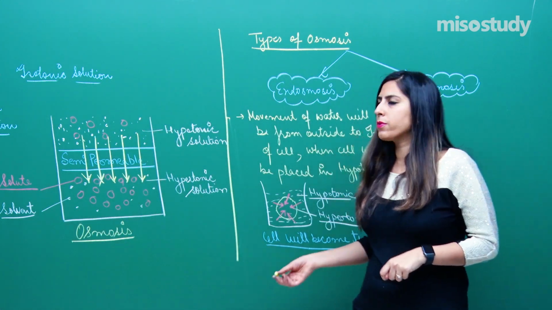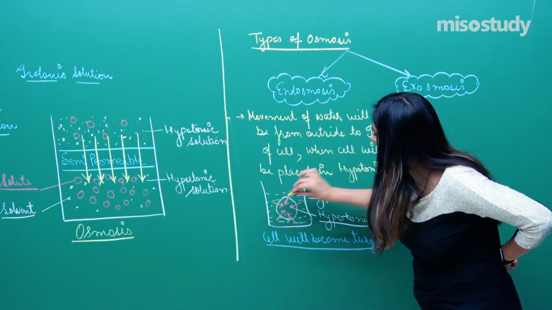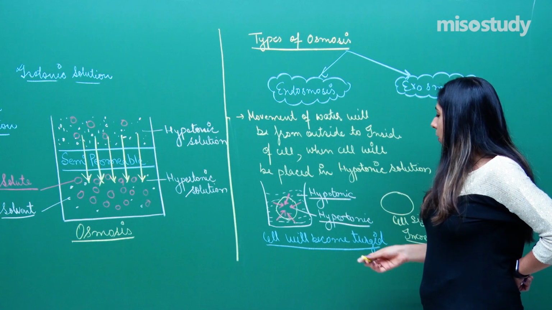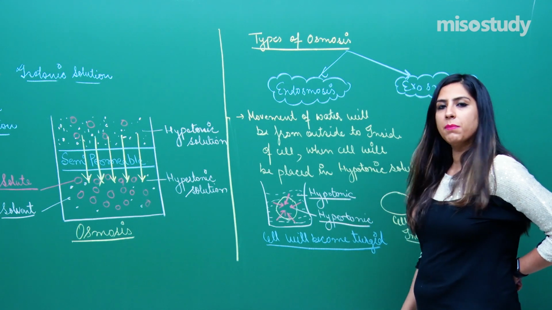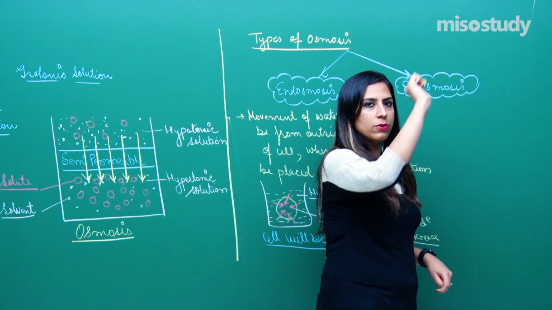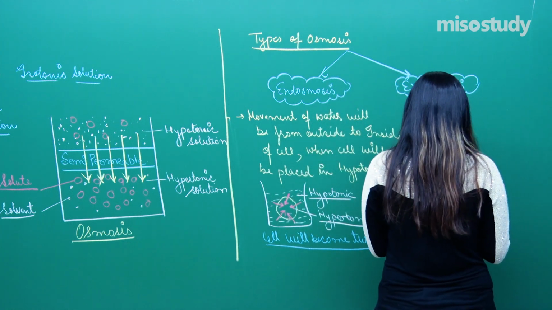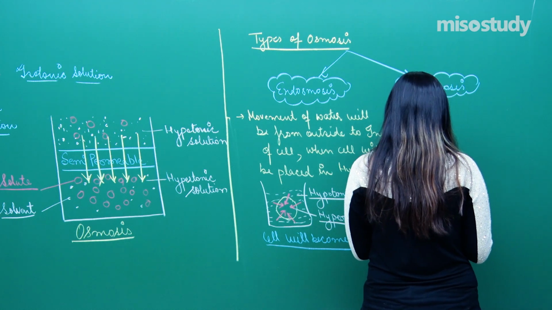It is the opposite of endoosmosis. In endoosmosis, the water has moved into the cell. Now the cell has become turgid. Now what will happen in exoosmosis? Exo means outside. Water will move outside. So what can I write over here?